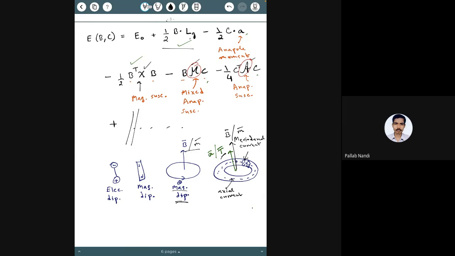I'm forgetting the names of the molecules. There are some chains of molecules. Let me see, I'll tell you the names of the molecules which have been demonstrated to have a permanent magnetic moment. They're called single molecule magnets.